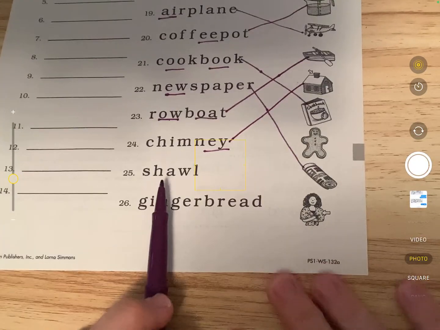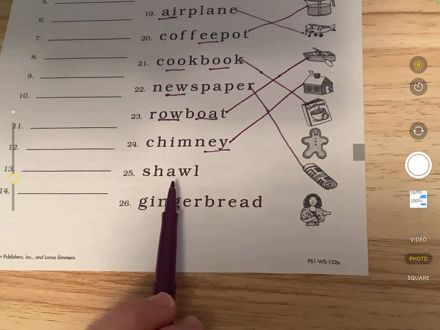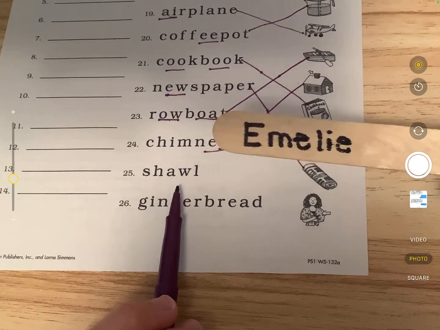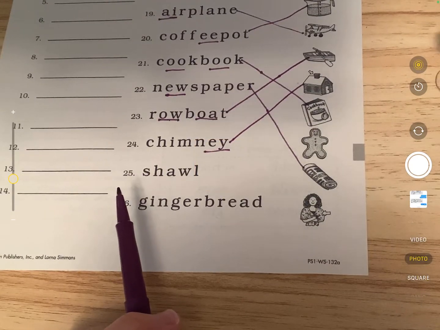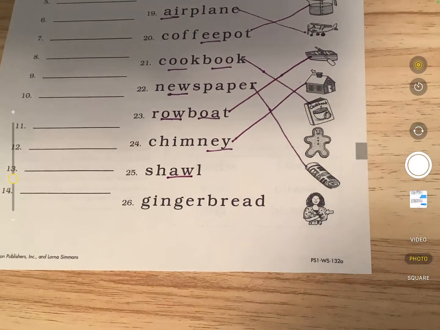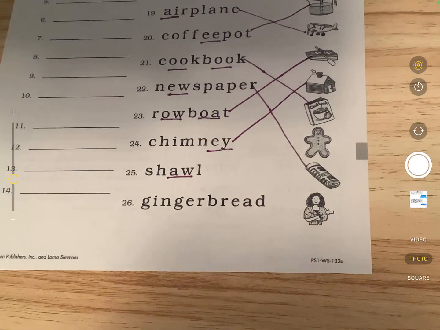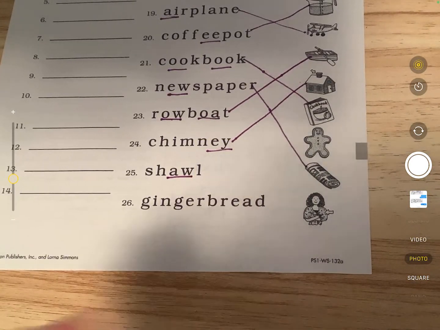All right, we're getting close. This might be a word that you don't know, but that's okay. As long as you know what the vowel digraph says, you should be able to sound it out. Emily, do you see the vowel digraph in this word? It is AW, and do you remember what AW says? It says aw, like aw, cute kitty.